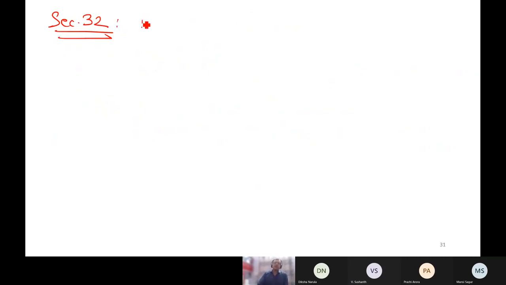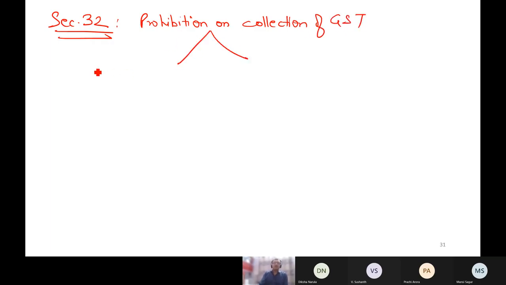Now section 32 is one line section. Prohibition on collection of tax. Who cannot collect GST? Every unregistered person cannot collect GST. No unregistered person can collect GST. It's not allowed.